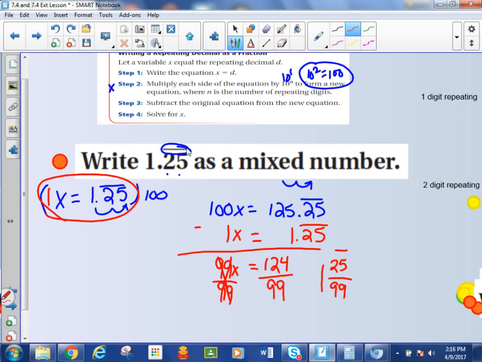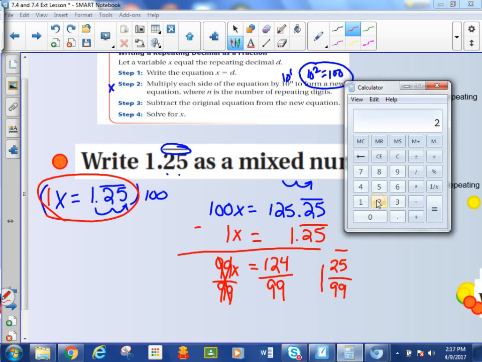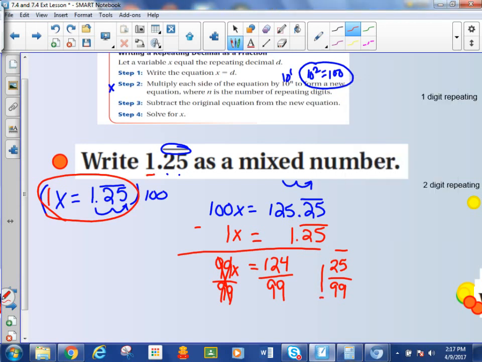Let me check that on my calculator. I'm going to punch in 25 divided by 99, and it should give me 0.25 repeating. When I do that, it does give me 0.25 repeating, so the 1 in the front is the same as the 1 in my decimal. So here is our final answer, 1 and 25/99.